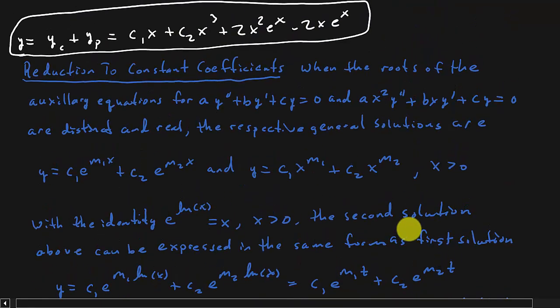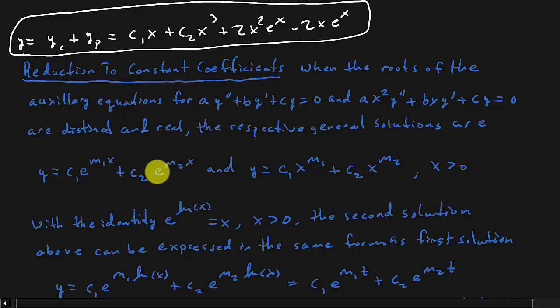So, reduction to constant coefficients. When the roots of the auxiliary equation for a x squared y double prime plus bxy prime plus cy equals 0 are distinct and real, the respective general solutions are y equals c1 e to the m1x. Remember, you did that where these were constant coefficients; you had these as solutions.